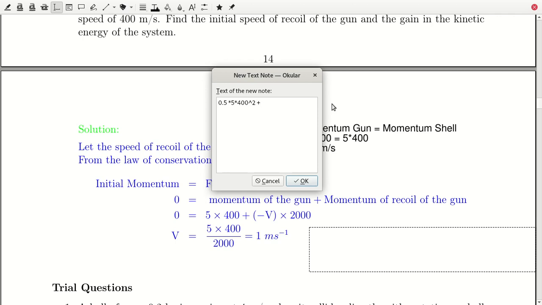Then we add the kinetic energy of the gun, which is also a half times the mass of the gun, times 1 squared.